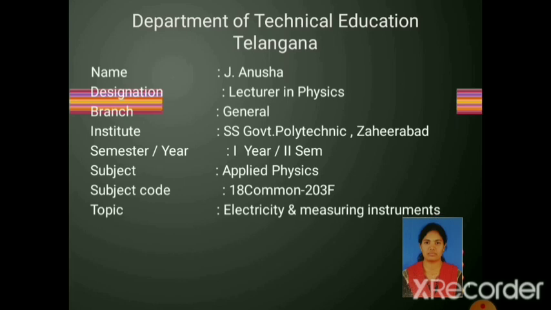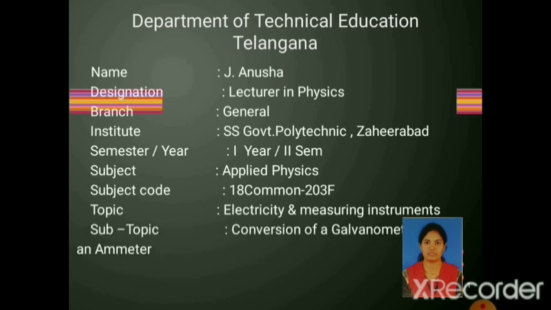And the topic we are discussing here is the fifth chapter of our syllabus, electricity and measuring instruments. From this chapter, in today's class, we are going to study the conversion of a galvanometer into an ammeter.